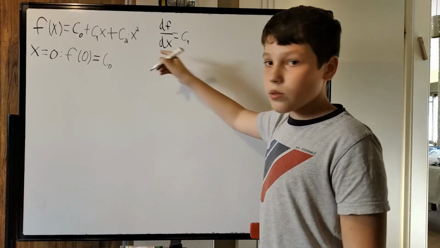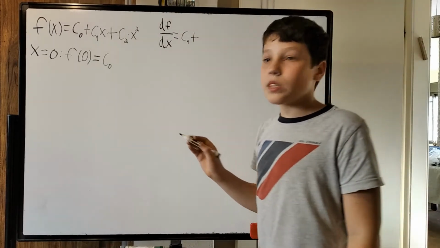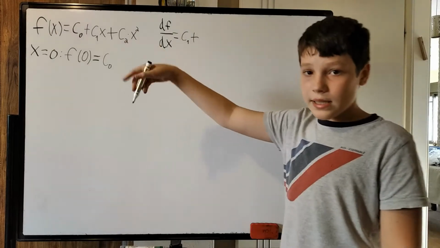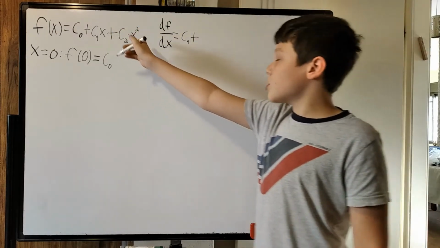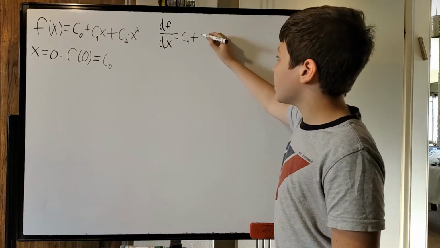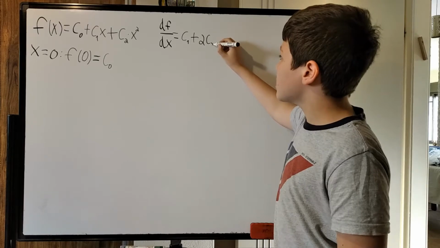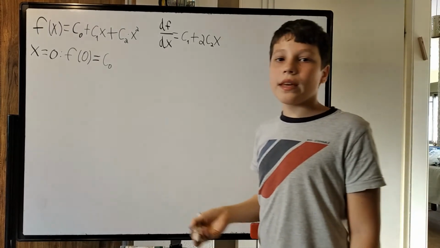The derivative of c2 times x squared is 2 times c2 times x. The 2 hops over, and then you subtract 1 from the exponent. So you get 2c2x.